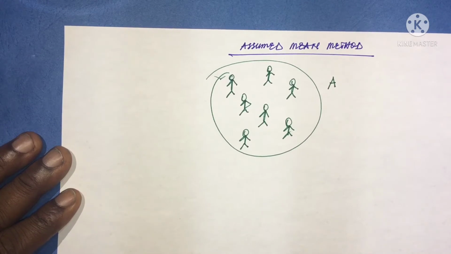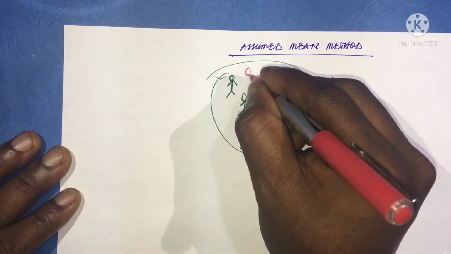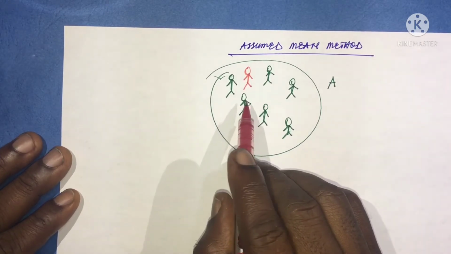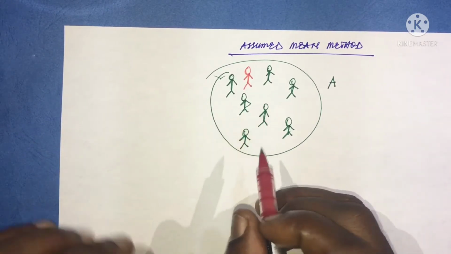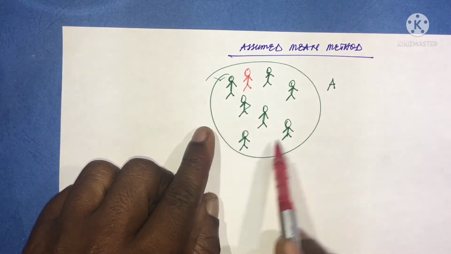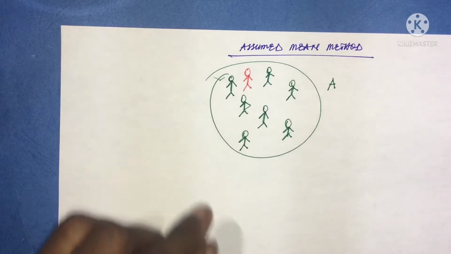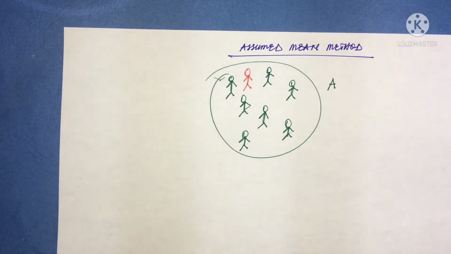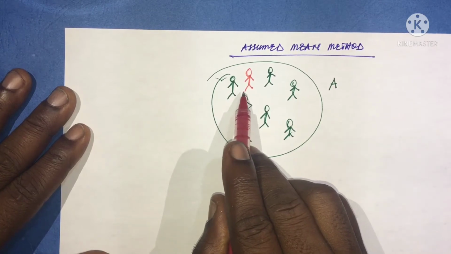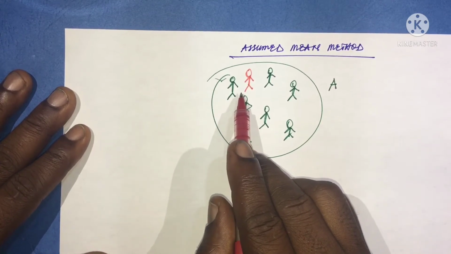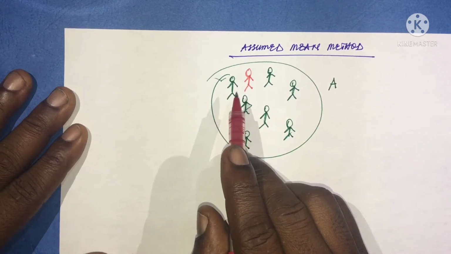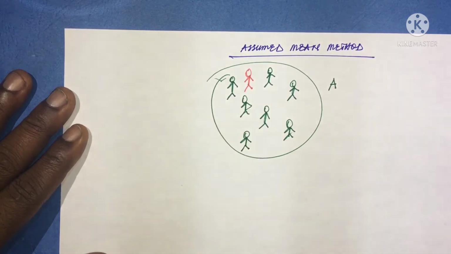There is an individual in this group that represents the group. The red colored pen is for the leader of the group, representing the entire members of the group. Let's assume that this leader was produced by a measure of central tendency, in particular the arithmetic mean.